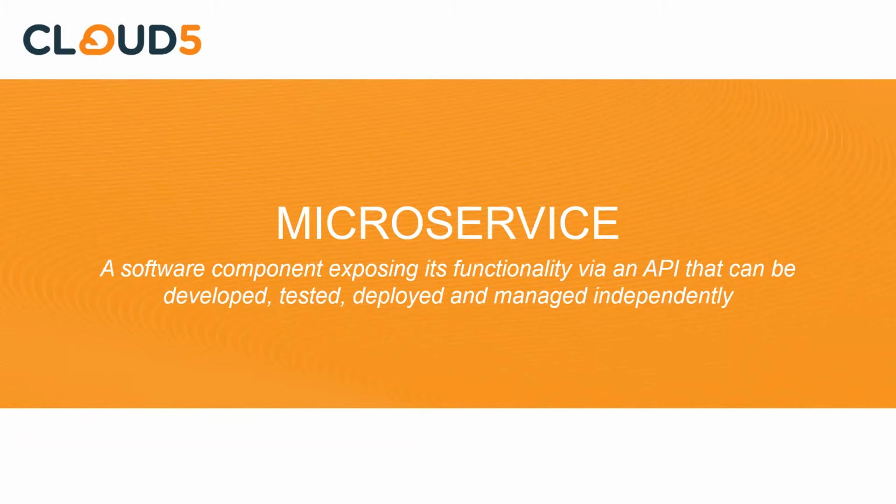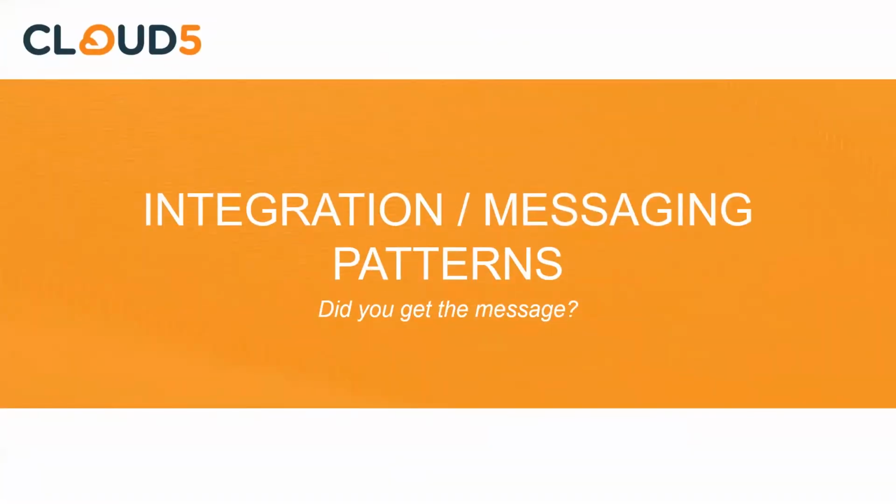So this brings me then that my integration and messaging patterns become important. Because the minute I say I'm going to build distributed systems, I need messaging. I need forms of integration between these components.